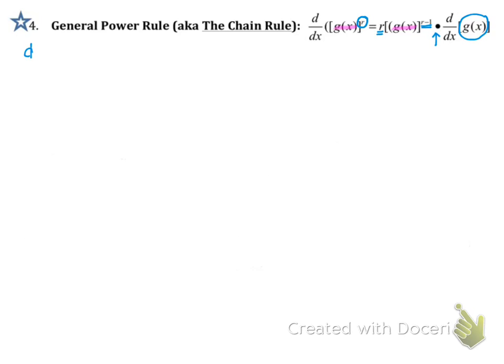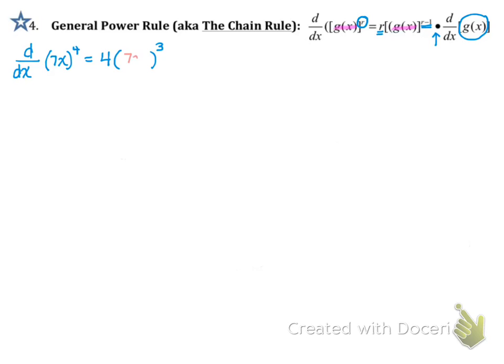All right, so let's look at an example. If I want the derivative with respect to x of 7x to the 4th, we're going to do the power rule on the outside. So 4, and then we subtract 1 to the 3. Now the inside stays the inside, and I'm going to try to denote that with a different color here.